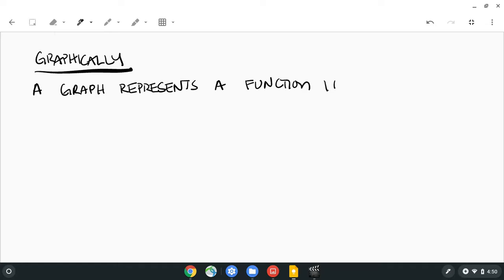Okay, so graphically. So a graph represents a function if it passes the vertical line test.